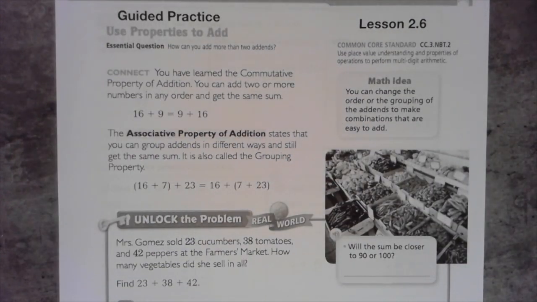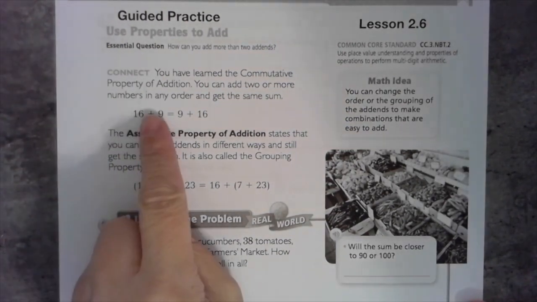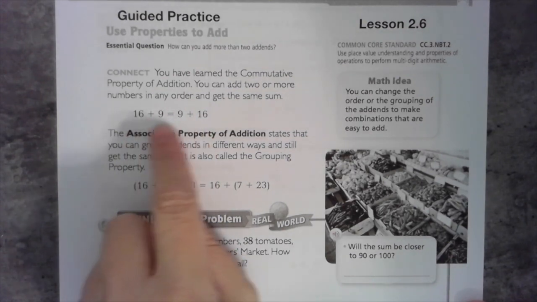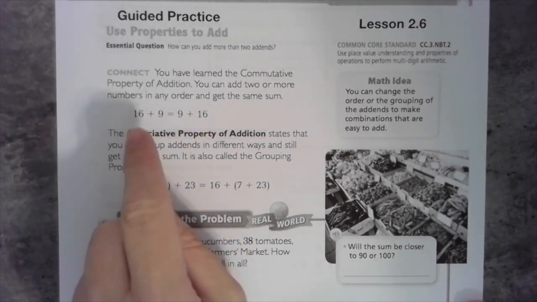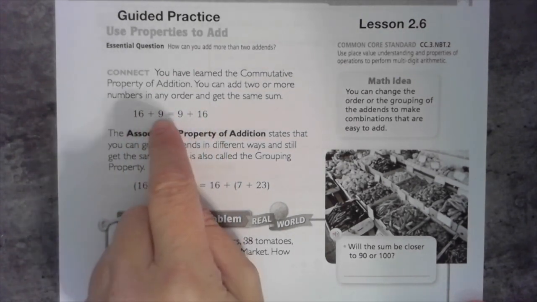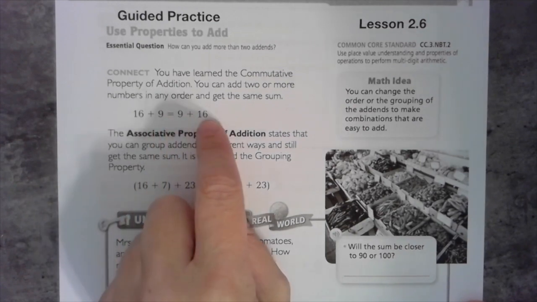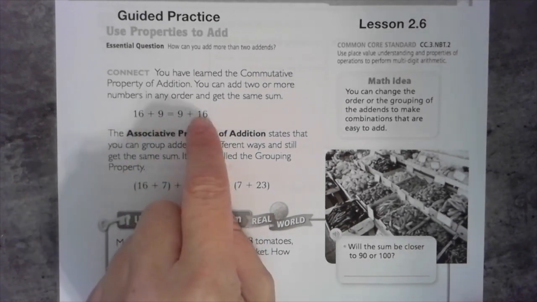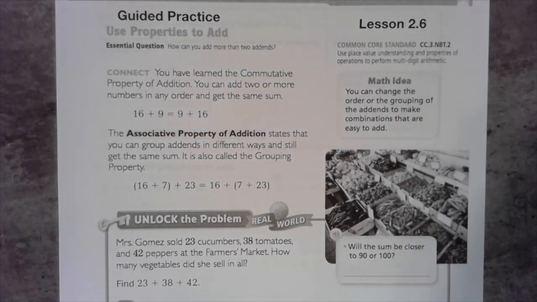Here's where it's super important that you be able to tell the difference between the commutative and associative property of addition. Okay, so for the commutative property, we know that we just switched the order of the add-ins, right? 16 plus 9, 9 plus 16. They equal the same because all we've done is switch the add-ins.